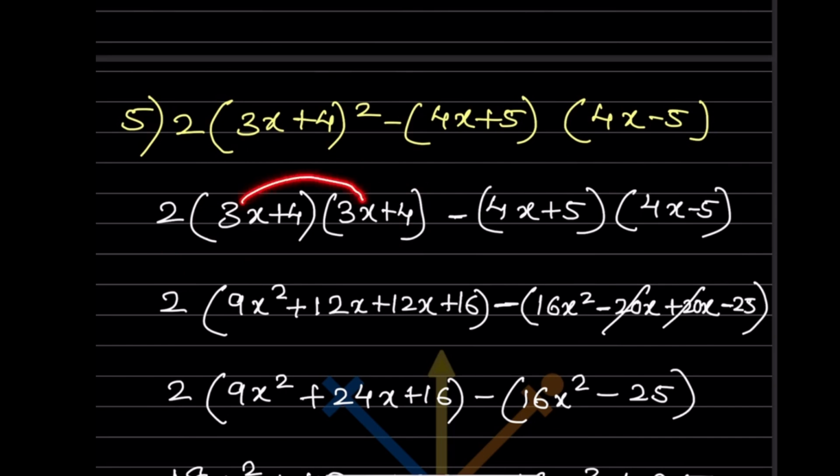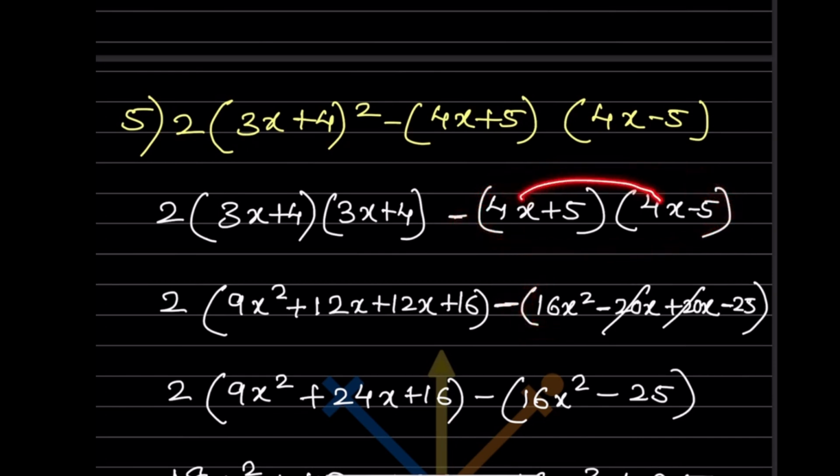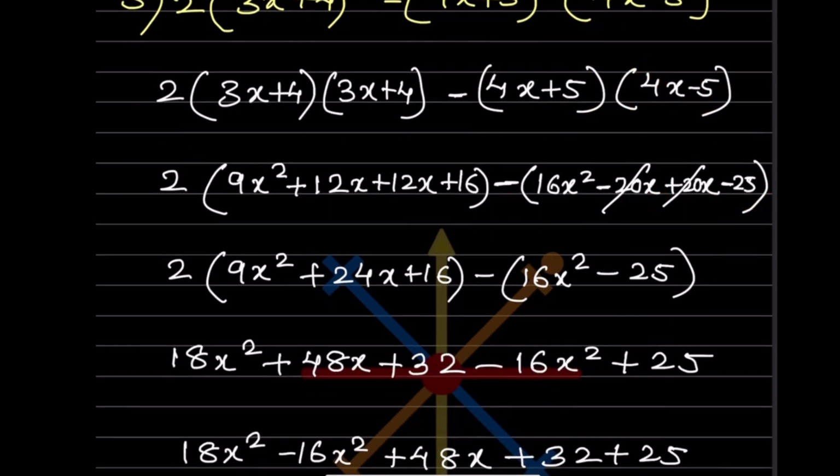Now we'll think of this one. So 9x square plus 12x plus 12x, and this is going to be plus 16. And then minus, so this is going to be in the bracket again, this and this one. So that is 16x square minus 20x plus 20x and minus 25. So now this will be same, we can take this together.